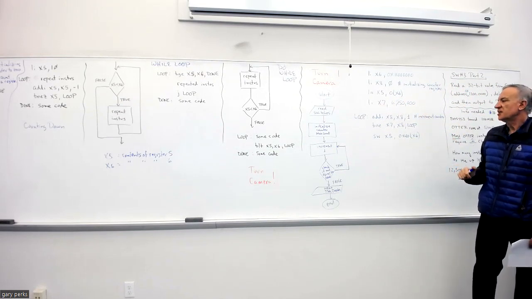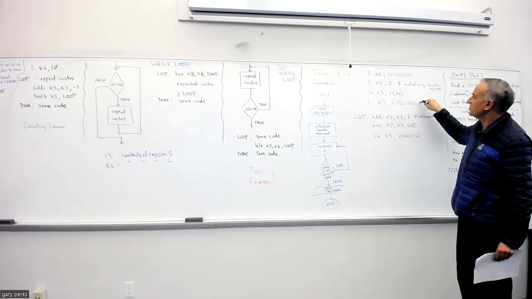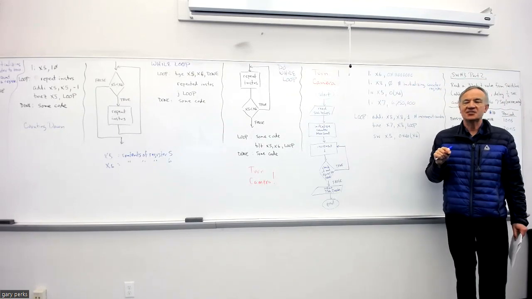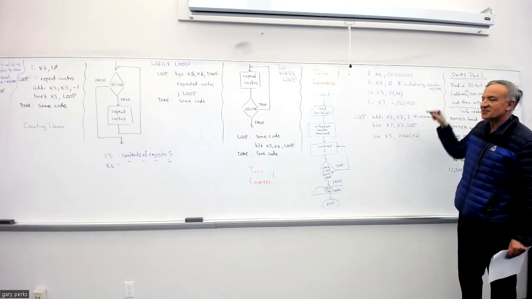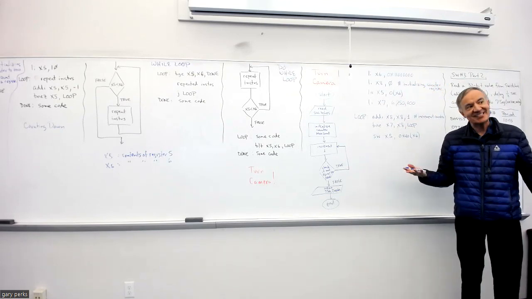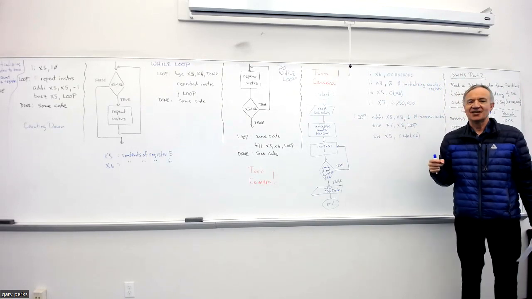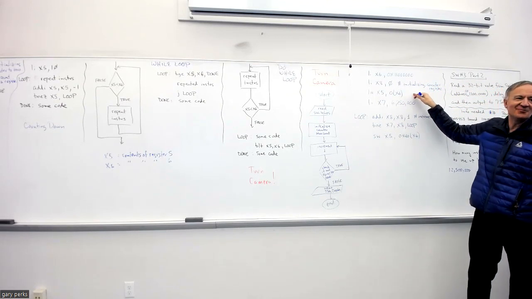Now, someone in the previous class mentioned, oh, well, what about these other instructions, right? Because they have delays too. They're each going to take 40 nanoseconds. But when you compare 160 nanoseconds to half a second, you know how many nanoseconds are in half a second? A lot more than 160. So it's not going to matter much, right?